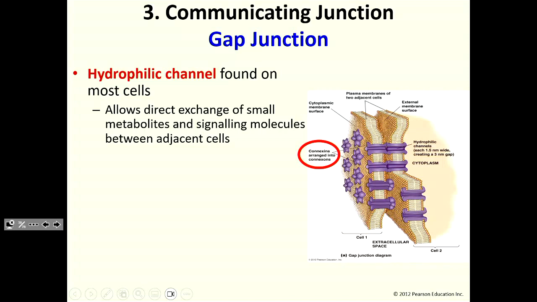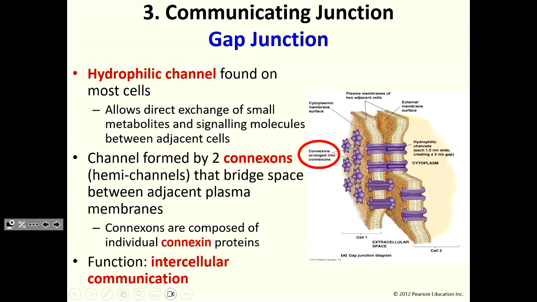So as the point says, direct exchange from one cell to the other. So in the picture, this is half a channel. This is one cell here, by the way. This is the membrane. Look at the lipid bilayer. And this is the adjacent cell. Now, in each of these cells, this structure right here, that is called a connexon.